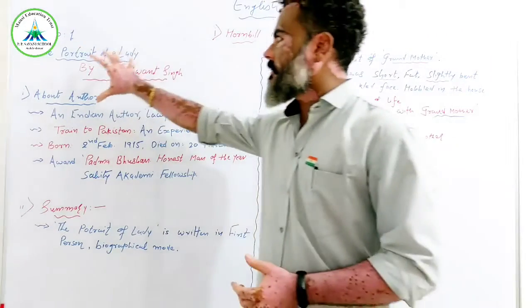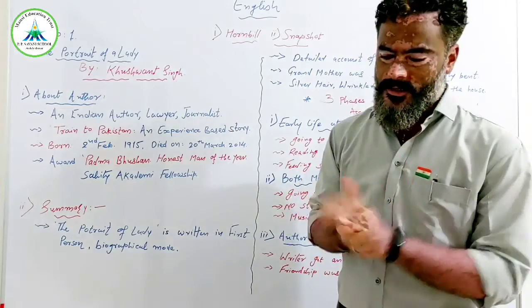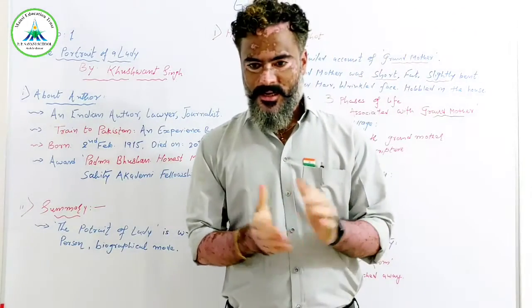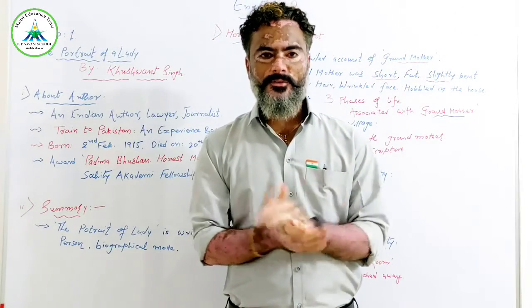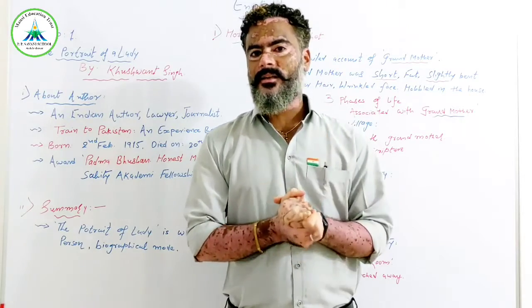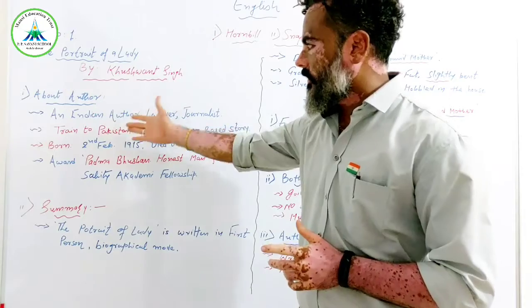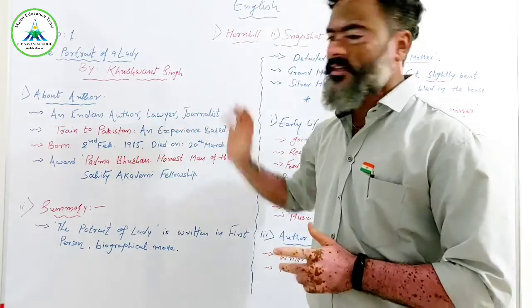The first chapter is Portrait of a Lady. It is written by Ch-1, and you would be glad to listen to that. He is one of the prominent and immense writers in English literature. He is an Indian author, lawyer and journalist.